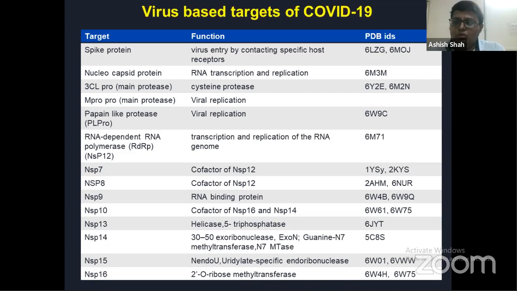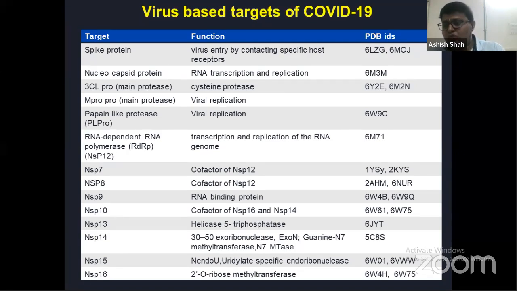So if I want to do research on COVID-19 and my part is to start with in silico drug design, I need to know about the structure of the targets of COVID-19. The COVID-19 targets are divided into two kinds: one is related to the virus and one is related to the host.